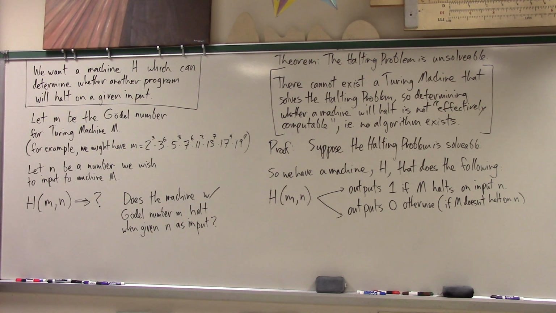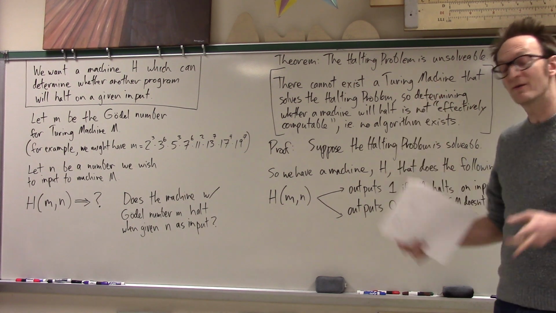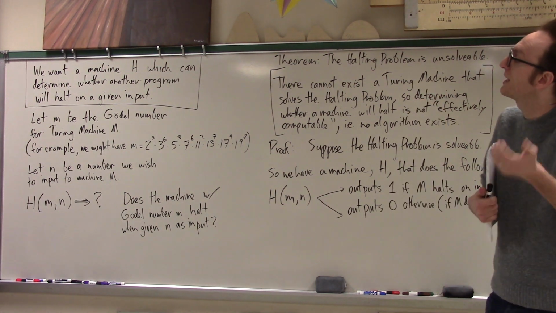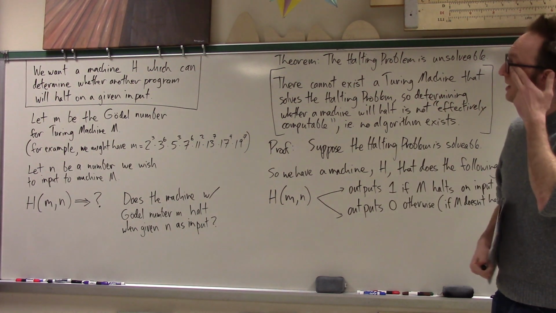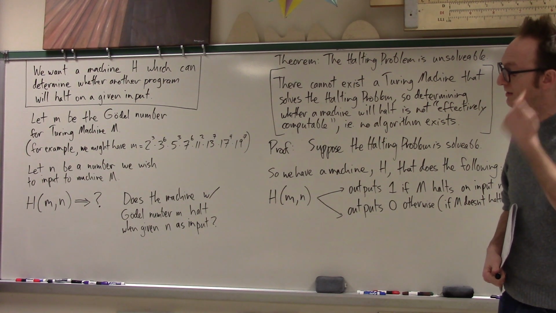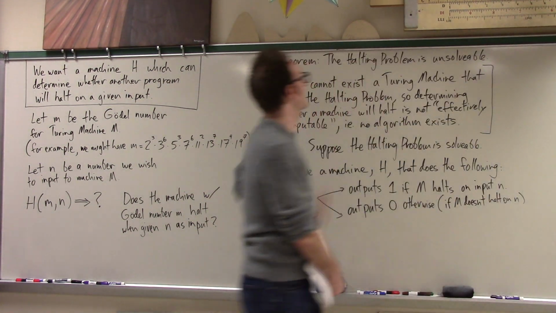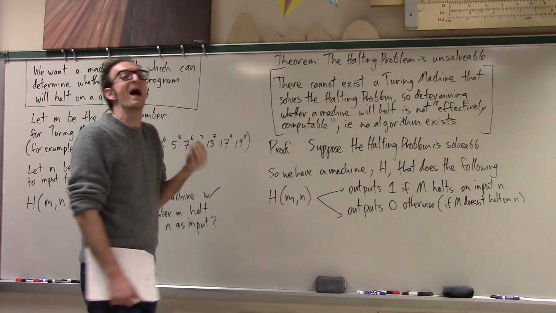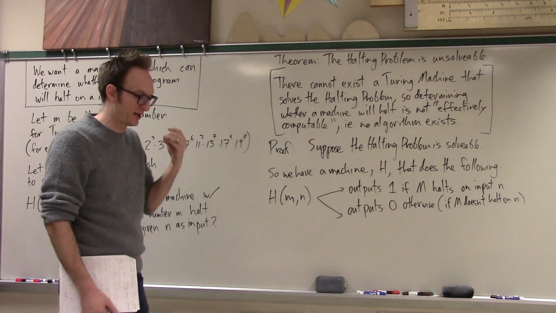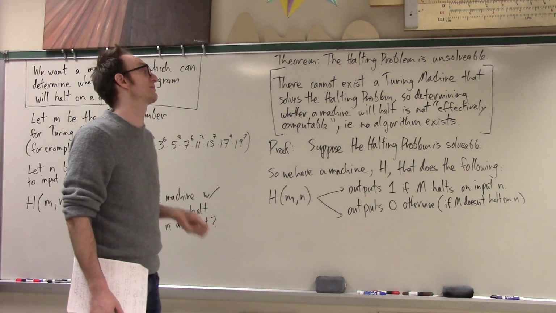And to be a little bit more precise, when people say the halting problem is unsolvable, the halting problem, generally, is the problem of determining whether a machine will halt on a given input. But when I say the halting problem is unsolvable, what I mean is that there is no algorithm which will do what the halting problem sets out to do.